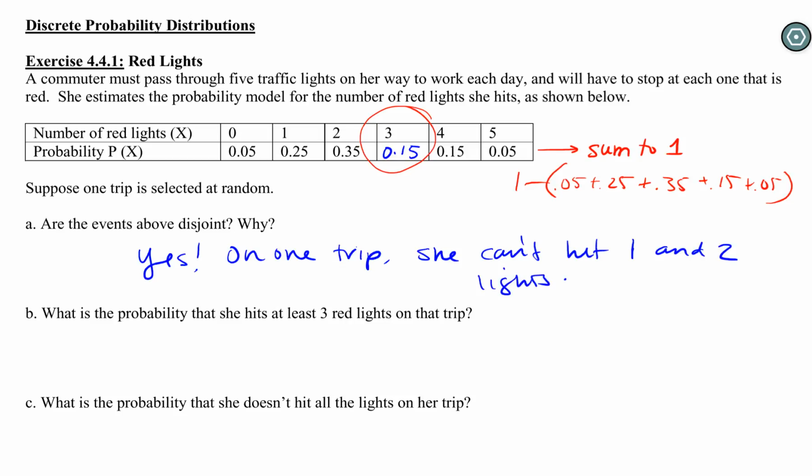We could easily have had this set up in a different format where maybe we're looking at hitting the first light and hitting the second light on the trip, but this is the total number of lights she has hit, and at the end of the day, it's either 1 or it's 2. There's no way she can be both.